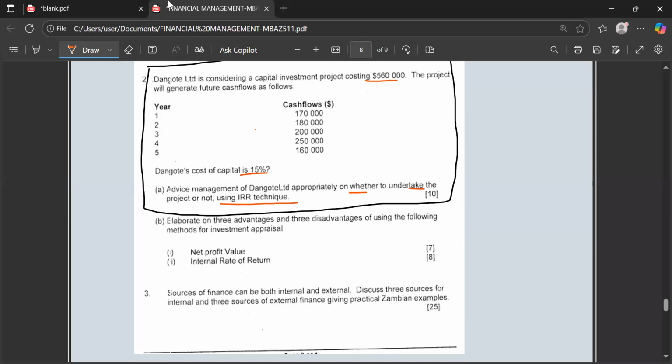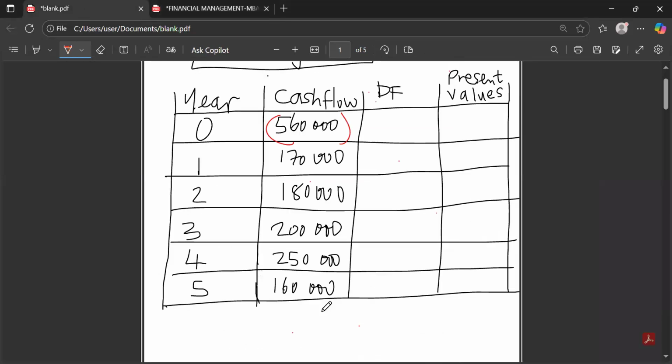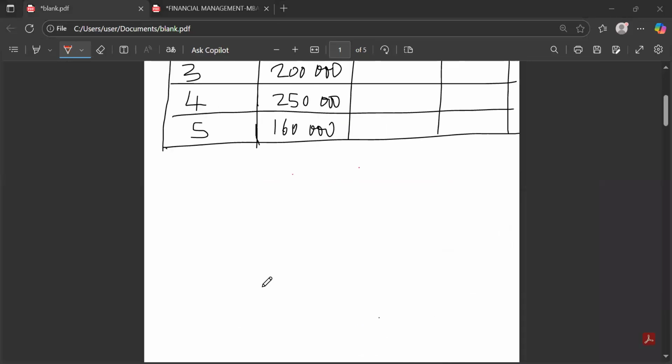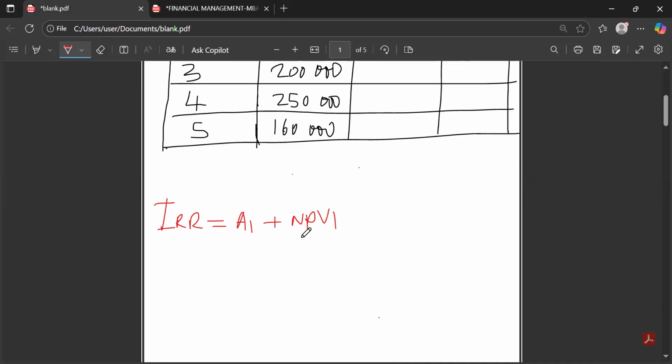All right, so we need to find the internal rate of return. We need to find the two NPVs. So our internal rate of return is equal to L1, which is rate 1, plus NPV1 over NPV1 minus NPV2, then times B2 minus A1.